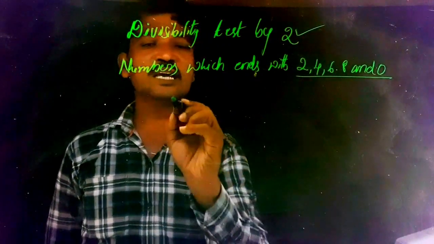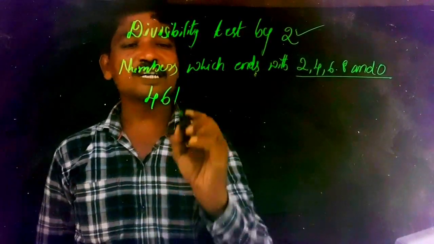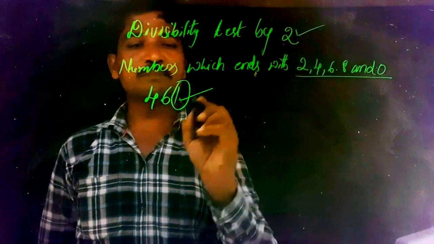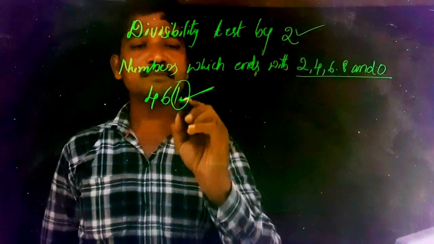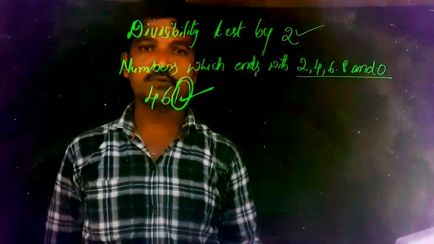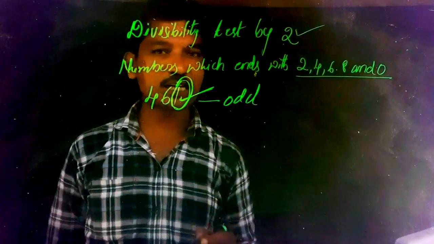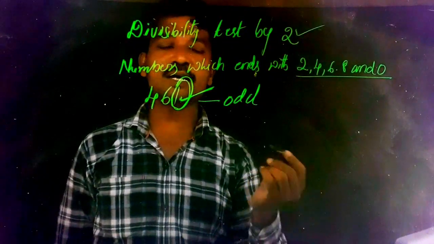Other than this, if I take one example, 461, what is its unit place value? 1. If 1 is present in the unit place, this will not be divisible by 2. Why? It is an odd number. Odd numbers are generally not divisible by 2.